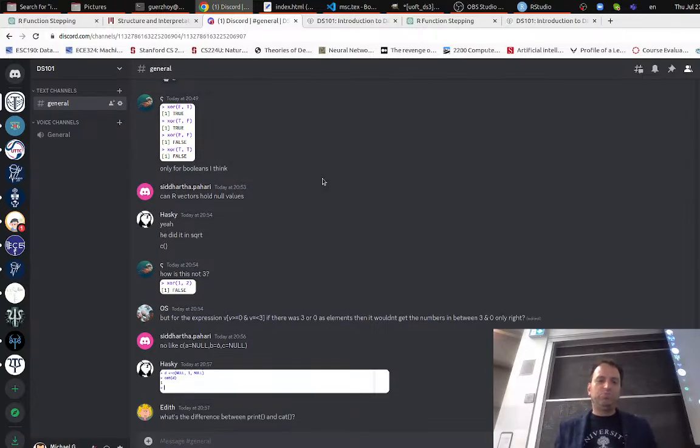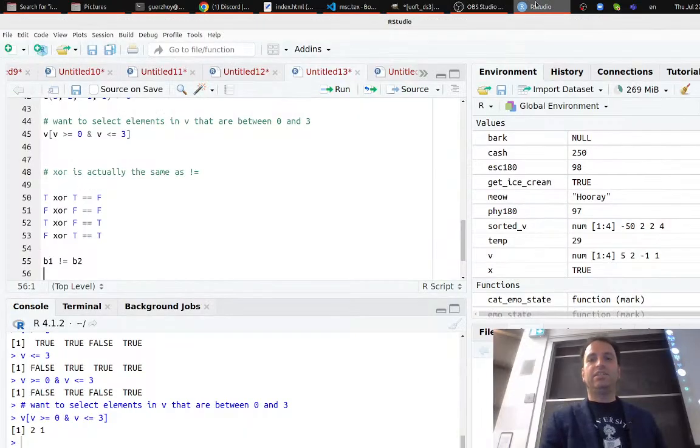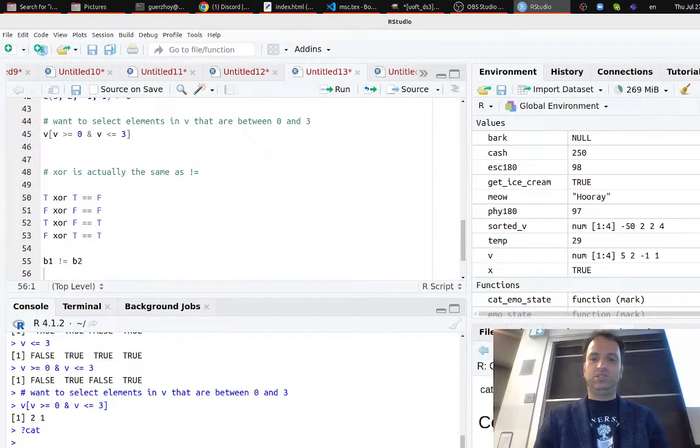What's the difference between print and cat? For practical purposes, there's no difference. I think print fits on a different line. Yeah, I think with optional arguments, you can make cat do that as well. It's just about the default.